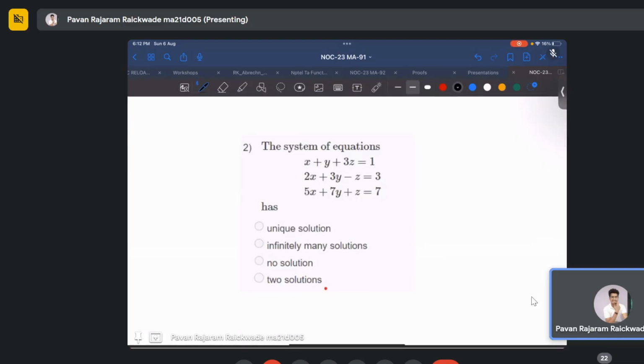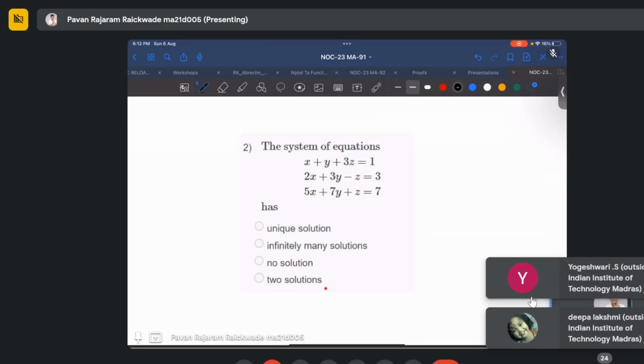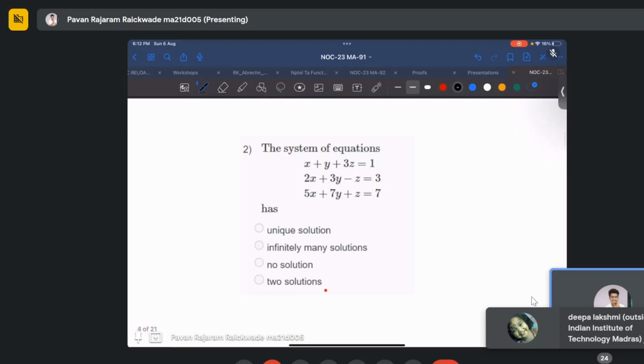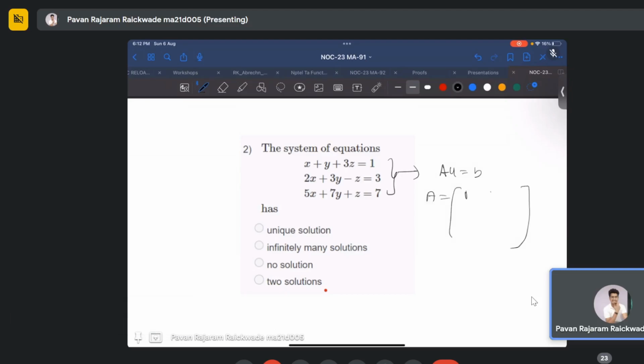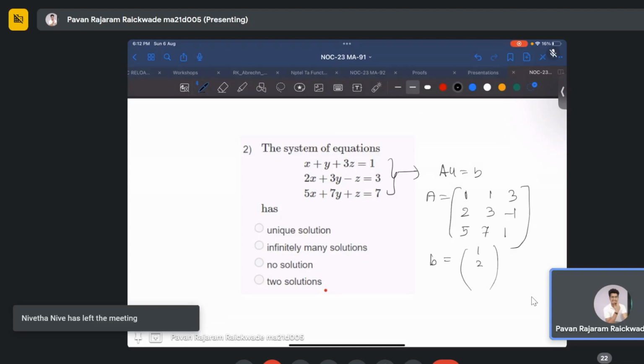Now the system of equations, x plus y plus 3z, these three equations are there, and we have to check whether this system has a unique solution, infinitely many solutions, no solutions, or two solutions, which can never be the case. Same way we'll formulate this system of equations into matrix form as AU equals B. Your matrix A will be 1, 1, 3, 2, 3, minus 1, 5, 7, 1, and your column vector B is 1, 3, 7.